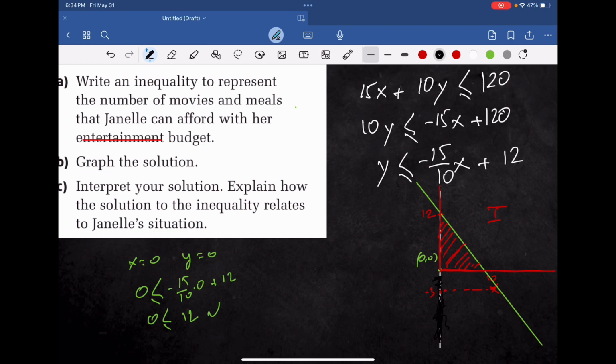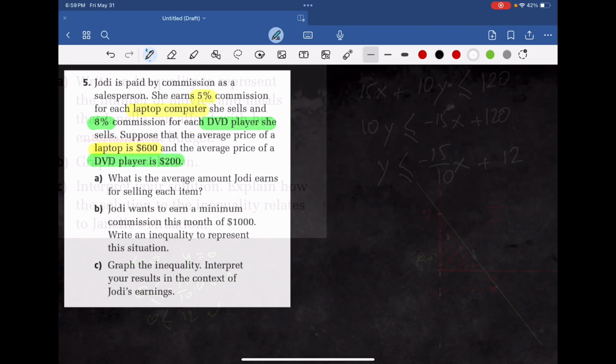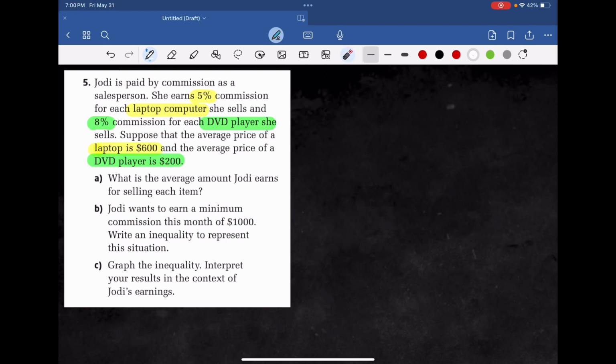Okay, good. So for question number 5, Judy is paid by commission. She earns 5% if she sells a computer, and she earns 8% if she sells a DVD. One laptop is $600, one DVD is $200. What is the average amount Judy earns for selling each item?